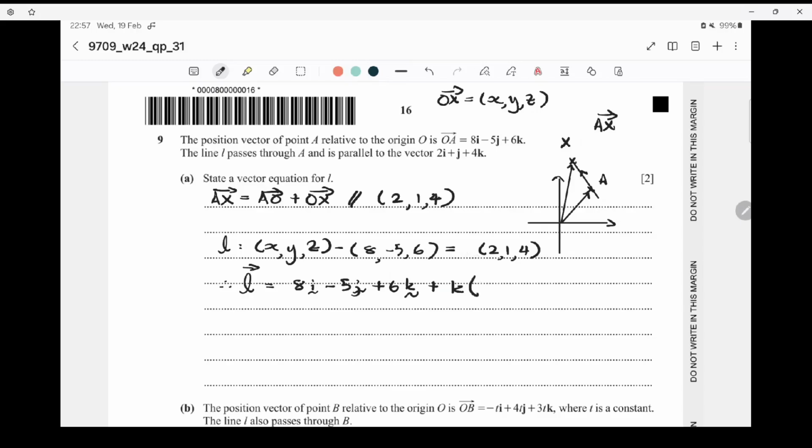If you don't want to get confused, you can use lambda, multiplied with 2i plus j plus 4k. So that will be your vector equation for L.